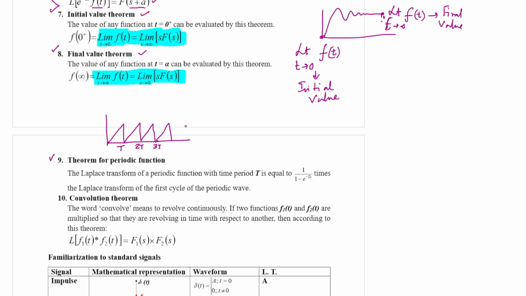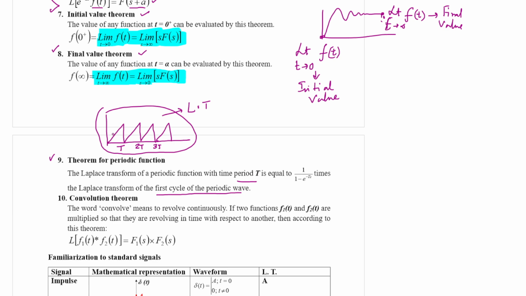Now if anyone asks what is the Laplace transform of this entire signal, this theorem is telling you that you do not have to deal with the entire signal. You just need to do the Laplace transform of the periodic function with time period T. You first consider only the first cycle.